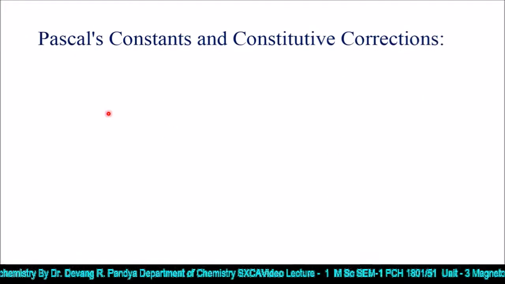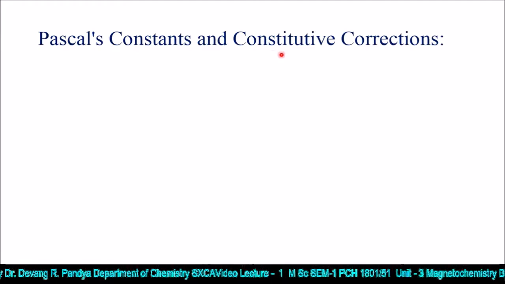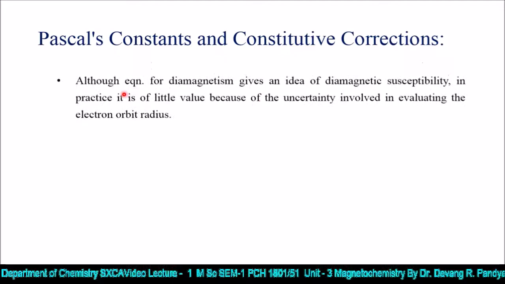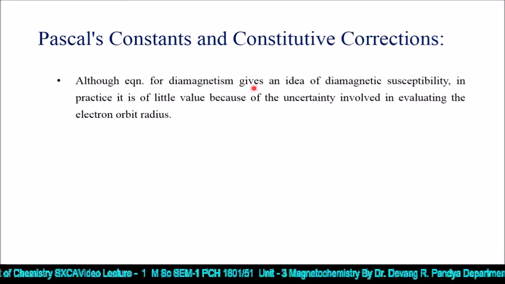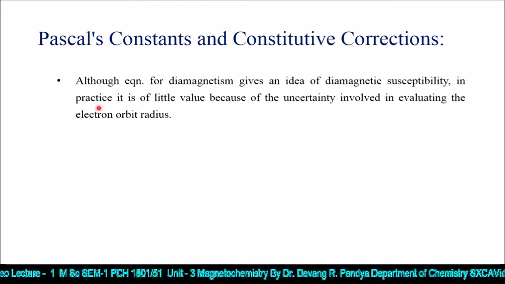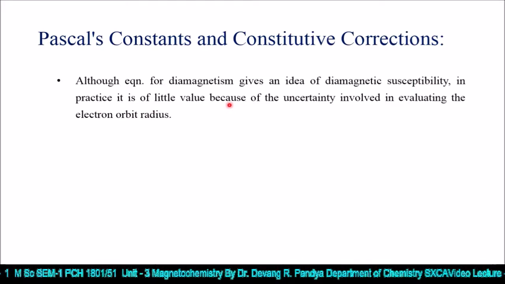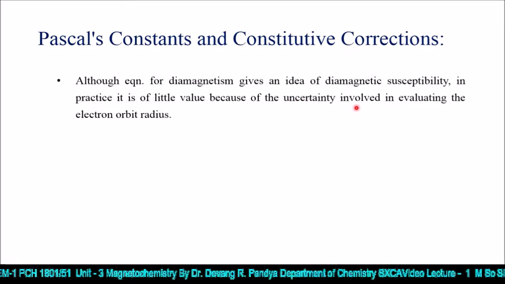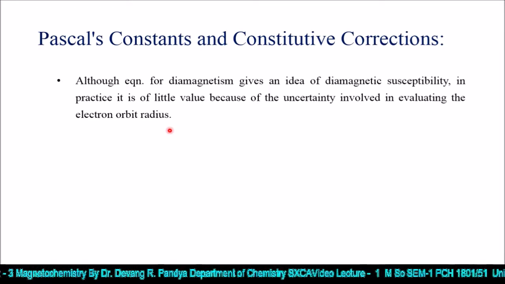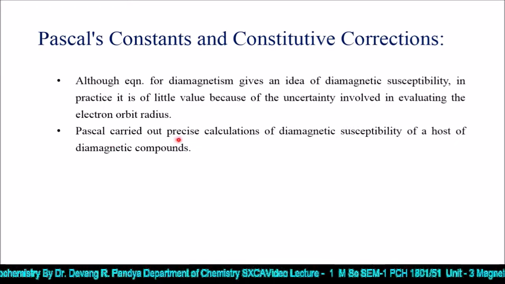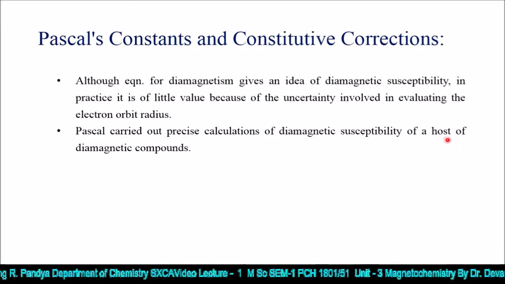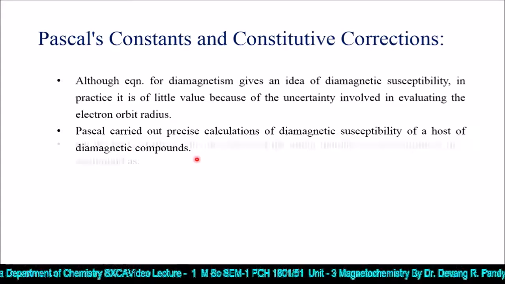Now, the next point we need to discuss is Pascal constants and constitutive corrections. Although equations for diamagnetism give an idea of diamagnetic susceptibility, in practice it is of little value because of the uncertainty involved in evaluating the electron orbit radius. Pascal carried out precise calculation of diamagnetic susceptibility of a host of diamagnetic compounds.